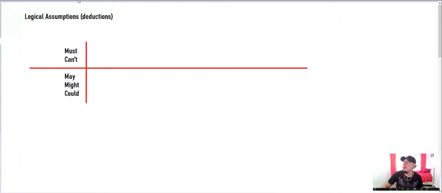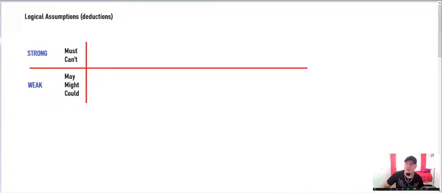So let's tackle them. These ones are what we call strong, and these ones, may, might, and could, we call weak. Meaning that, as we said earlier, must and can't express a strong assumption, and may, might, and could express a less strong, let's say, weak assumption.